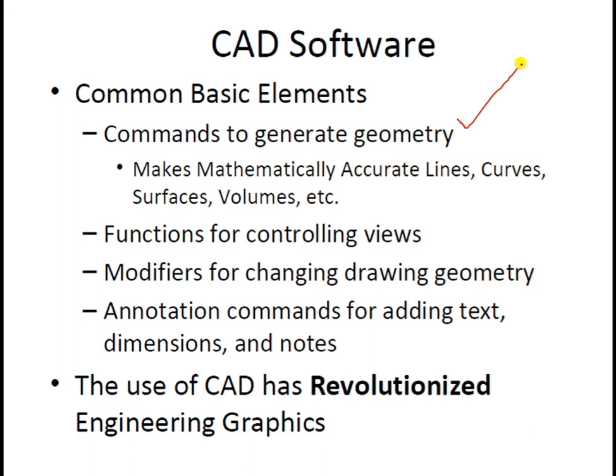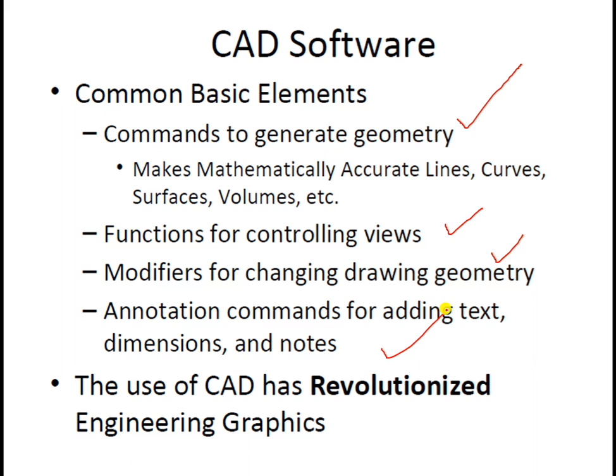In AutoCAD, three-dimensional geometries can be created, but there are some modeling softwares in which we can create three-dimensional geometries much more easily as compared to AutoCAD. It also has functions for controlling views, modifying and changing drawing geometry, and annotation commands for adding text, dimensions and notes.